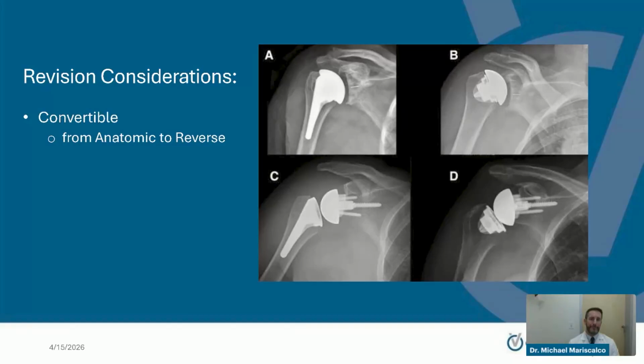Having the ability to convert it from option A to option C, for example, or option B to option D, I think gives the surgeon more flexibility, not having to really do anything on the humerus side, and mainly focusing on the socket side. So the adaptability and modularity of these new components has been really impactful for shoulder surgeons that do this type of surgery. Next slide.